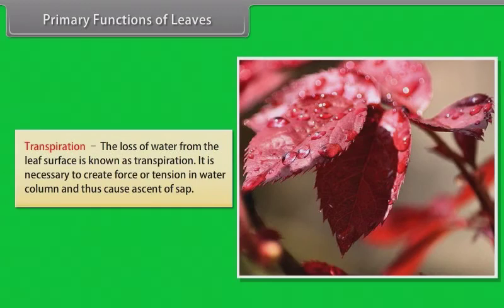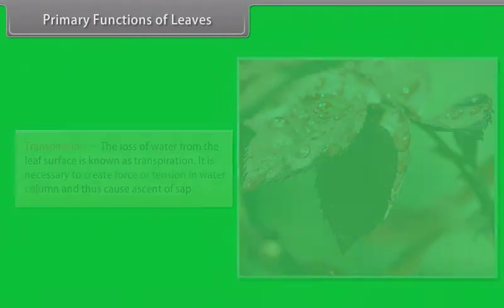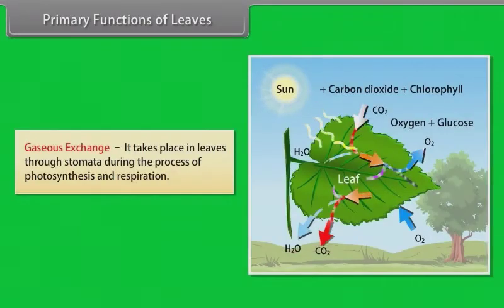Transpiration. The loss of water from the leaf surface is known as transpiration. It is necessary to create force or tension in the water column and thus cause ascent of sap. Gaseous exchange. It takes place in leaves through stomata during the process of photosynthesis and respiration.